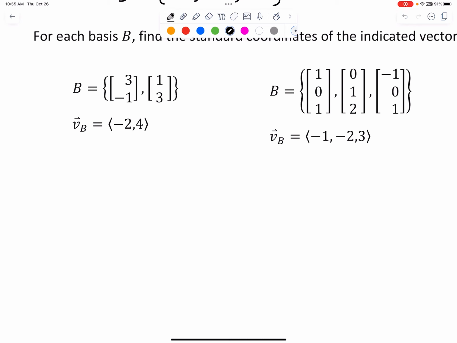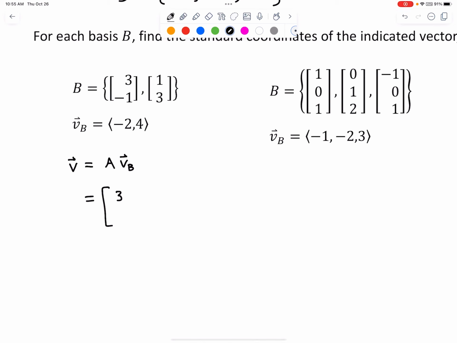That will tell us what the standard coordinates of this vector are. Or simply, we can do matrix vector multiplication. So to arrive at the standard coordinates, we do matrix A, which will be constructed by putting the basis vectors as its columns, times the vector that's composed of the b coordinates.